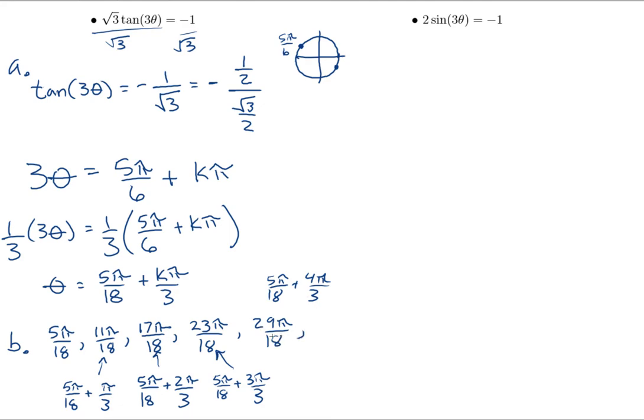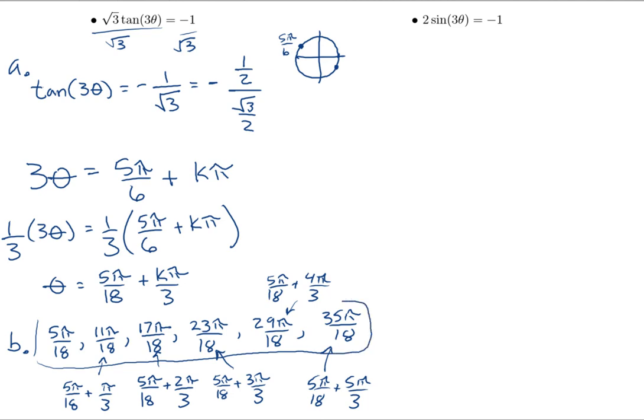And understand what we're kind of looking for, right? As long as we're under 36 pi over 18, that's under 2 pi, so we got to keep going. 5 pi over 18 plus 5 pi over 3. So that's going to end up giving me 35 pi over 18. So just under what we're shooting for. So looks like we have 6 solutions that fall between 0 and 2 pi.